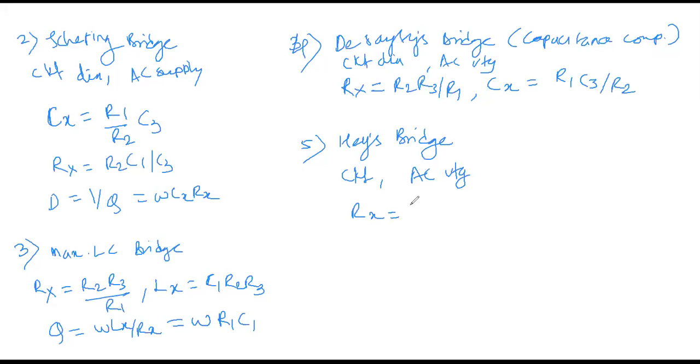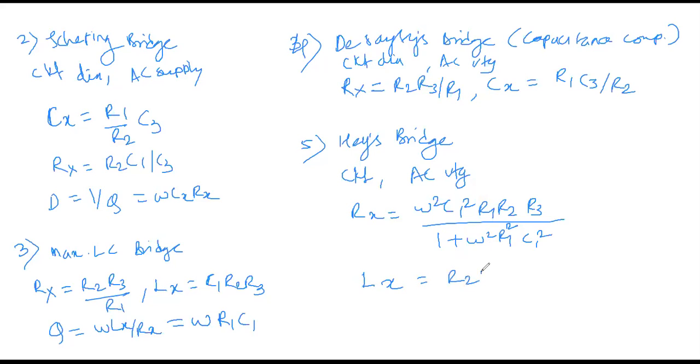Rx is equal to omega square C1 square R1 R2 R3 divided by 1 plus omega square R1 square C1 square, and Lx is what?